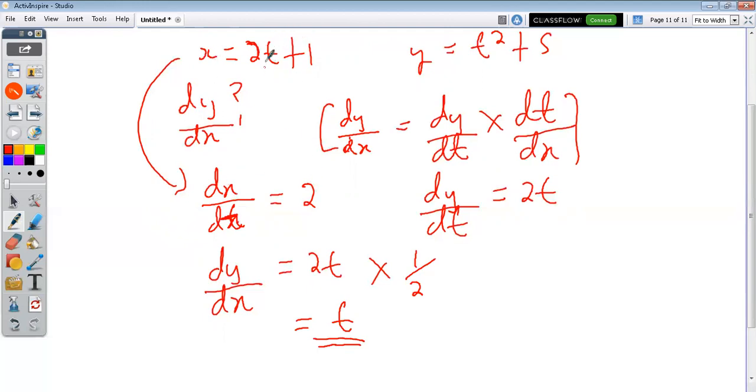So we got to here. There we got dy over dt, which is 2t. Then we use this method here. Dy over dx is dy over dt multiplied by dt over dx. So it's 2t multiplied by the inverse of this. Okay? That cancels, that cancels. That's what we got. Making sense? Okay.